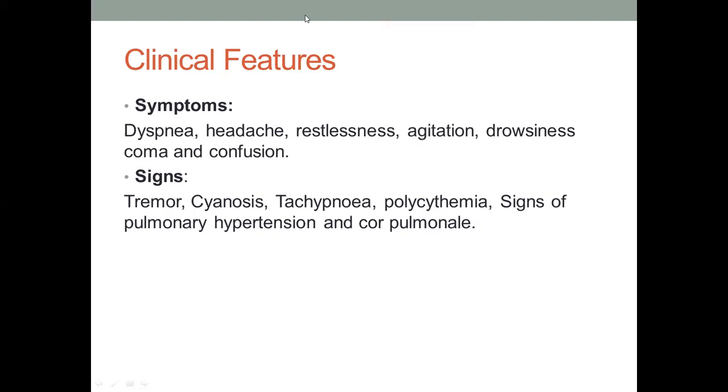Now the signs of respiratory failure, which are tremors, cyanosis, tachypnea, polycythemia, or if respiratory failure is chronic, then there will be signs of pulmonary hypertension or cor pulmonale.